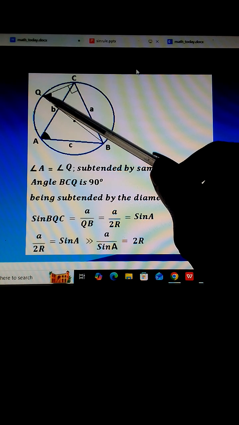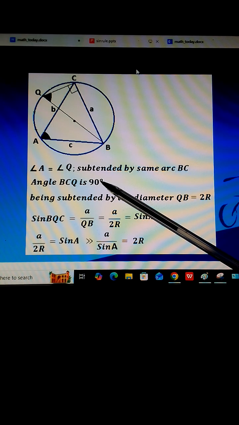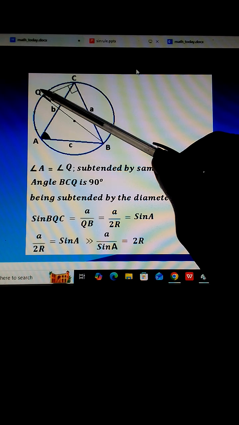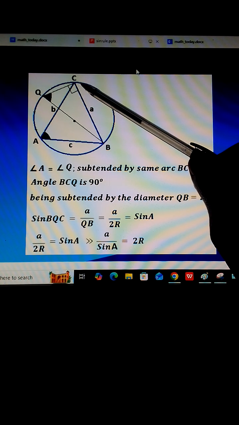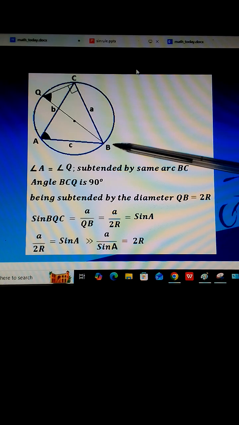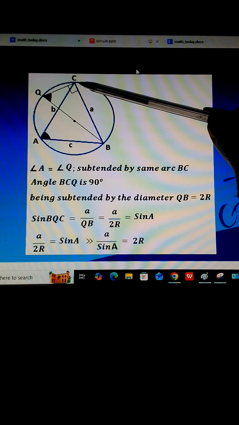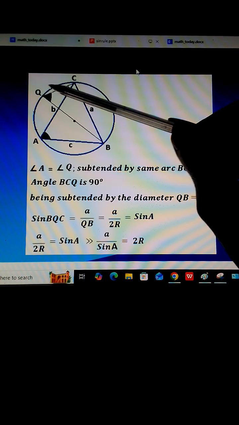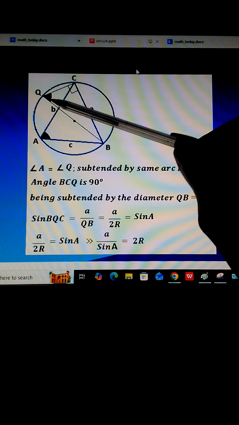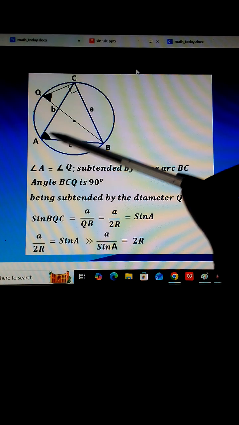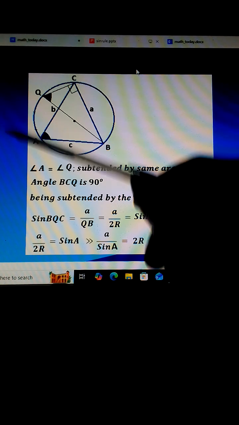So this BQ will be the diameter, equal to 2r. And let's draw a line from Q to C, such that now this arc BC subtends an angle Q at the circumference. This angle Q will be equal to angle A, because they are subtended by the same arc and on the same side of the chord.